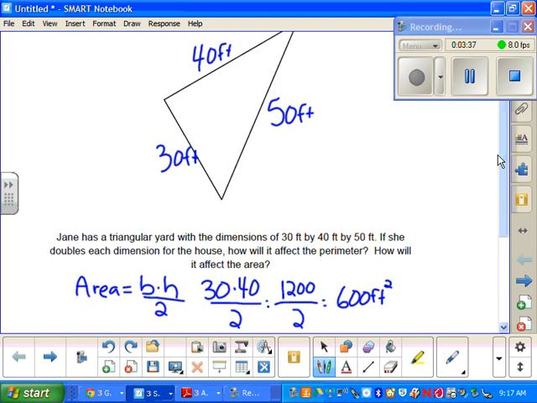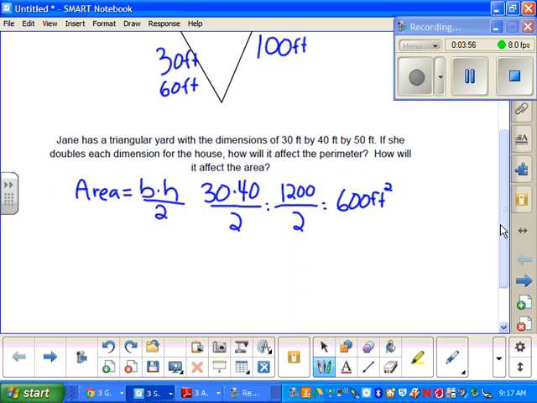You multiplied each one by 2, so that one's 80. The 30 times 2 is 60. And then the other one, 50 times 2 is 100. So we have those dimensions rewritten, and then let's go ahead and do 60 times the height of 80 divided by 2, and that's going to give me 4,800 divided by 2, which is 2,400 feet squared.